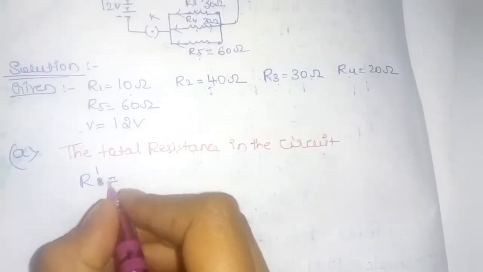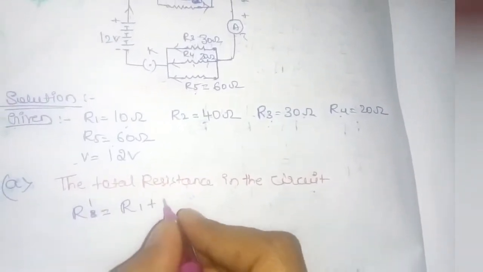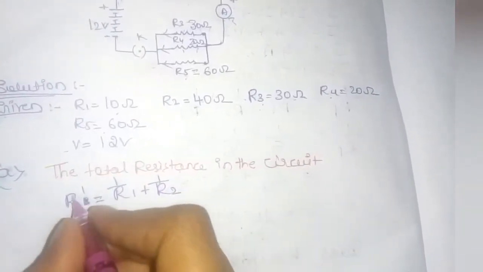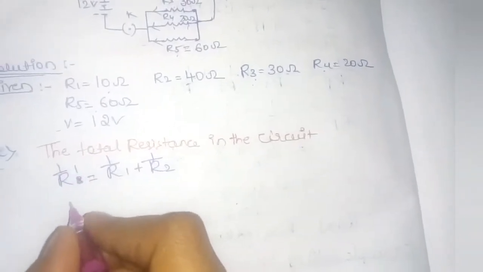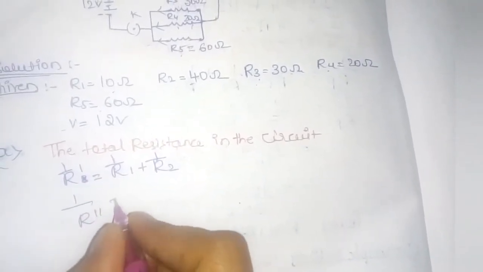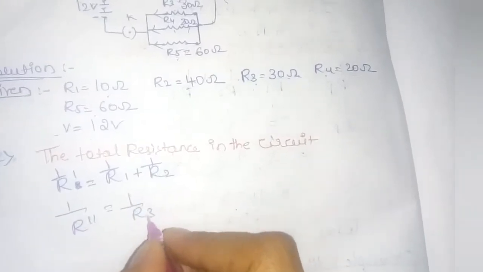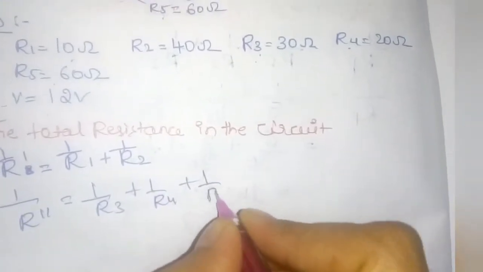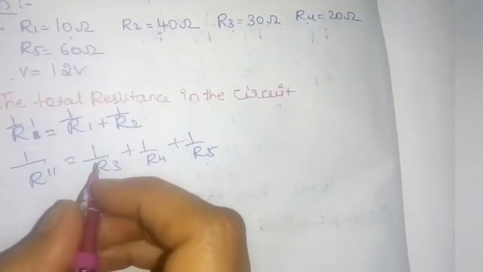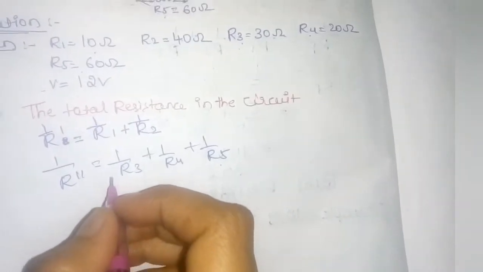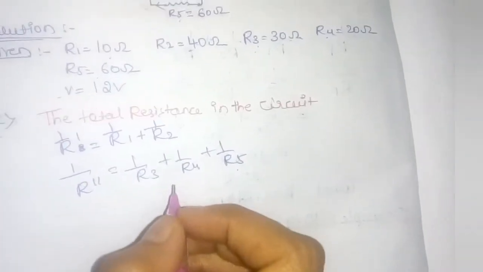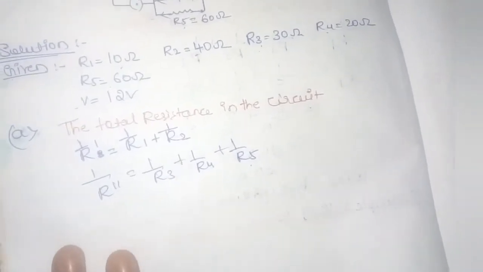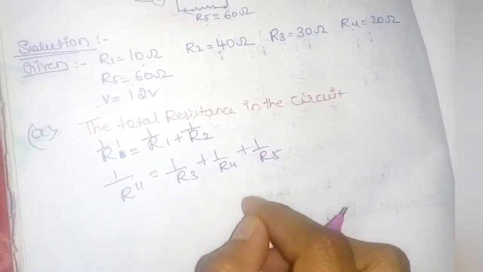For parallel, you write 1 by R. Like that, 1 by R double dash is equal to 1 by R3 plus 1 by R4 plus 1 by R5. So we have to replace these resistances based on the connectivity in figure 12.12.